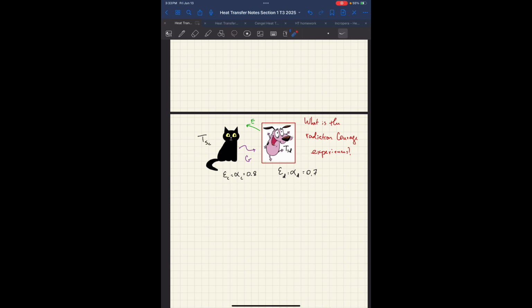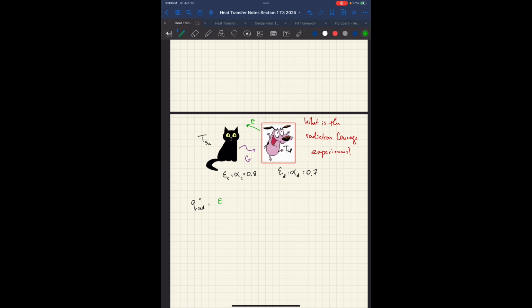So our object of interest, I'd like to maybe put a red box, is Courage. So what's the net radiation that he experiences? Again, it's going to be the same thing, where you're calculating what Courage emits minus what he absorbs. Okay, so what does Courage emit? And maybe I'll write it with the colors. I have my green here.